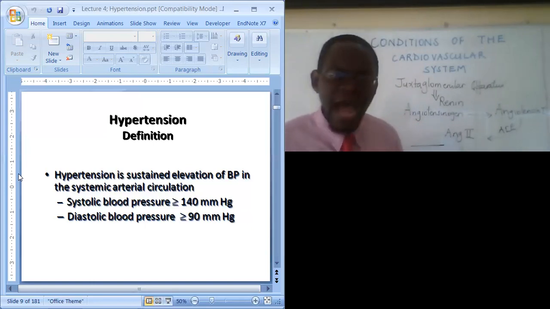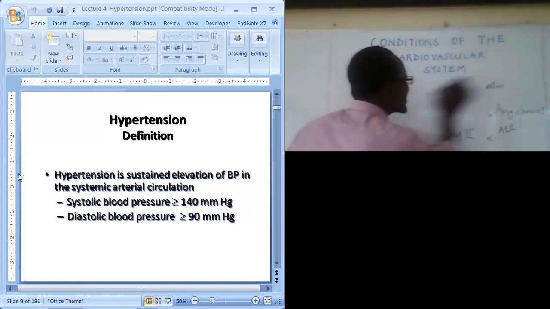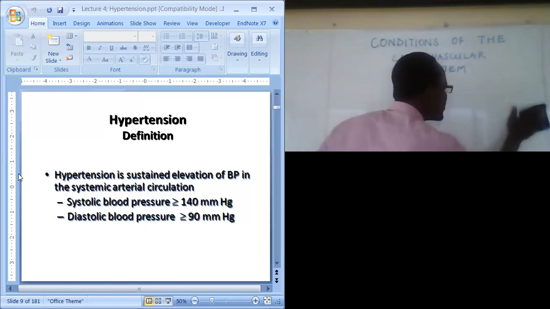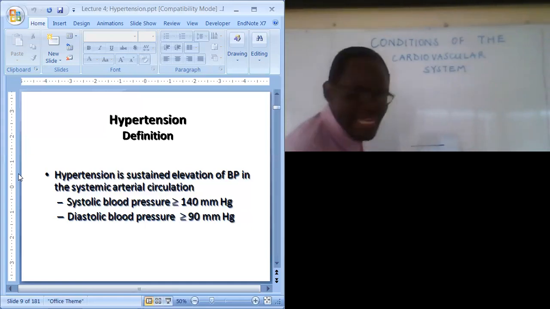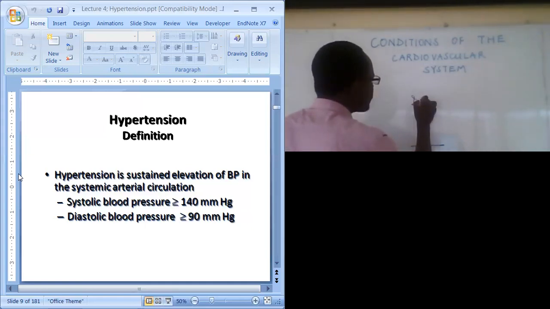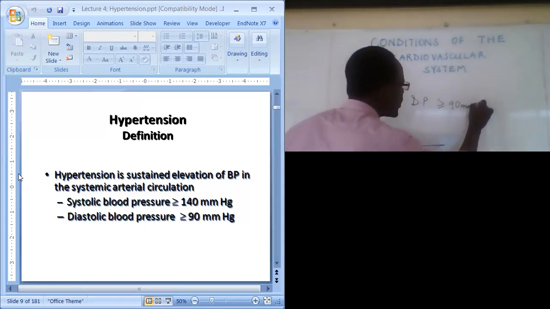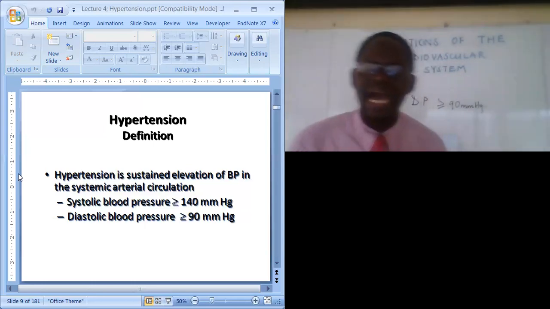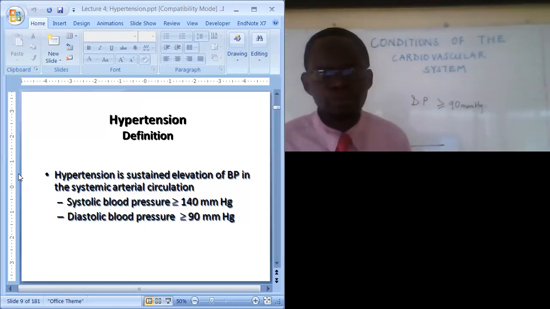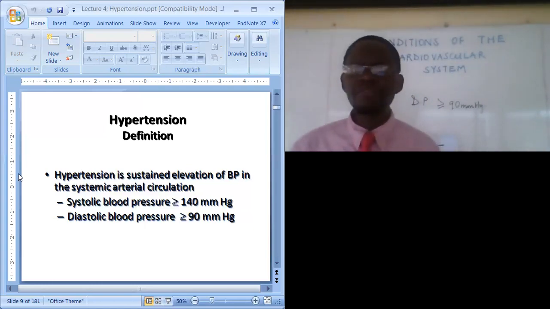And if the diastolic pressure exceeds 90 millimeters of mercury, then it is said to be diastolic hypertension.